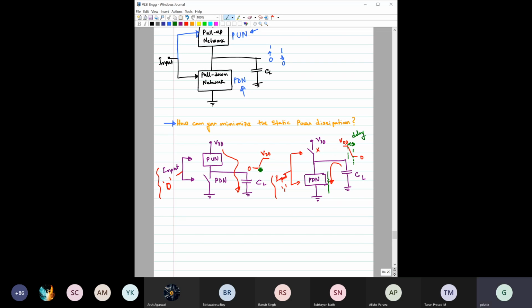Similarly, when it is rising there is also a delay. So this is another delay we need to take care of. But as of now, delay is not the primary concern of our discussion. The primary concern is to reduce the static power dissipation. I just wanted to point out that there is a delay component, both in the rising part and in the falling part.